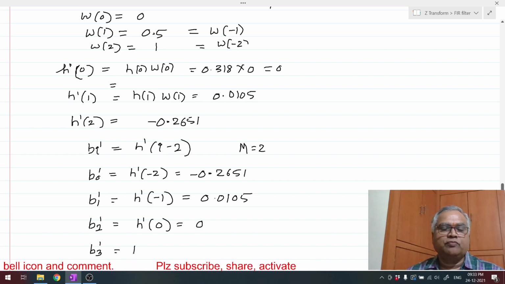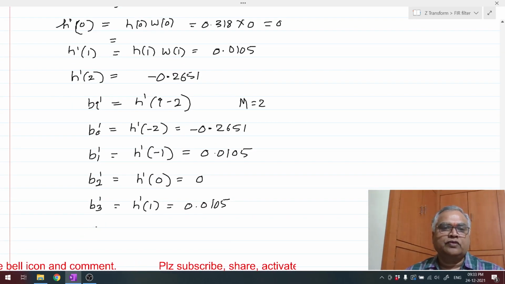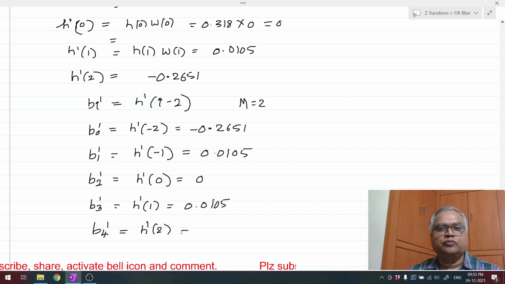B3 prime is h prime of 1 or minus 1, same, 0.01. B4 prime is h prime of 2, minus 0.226.